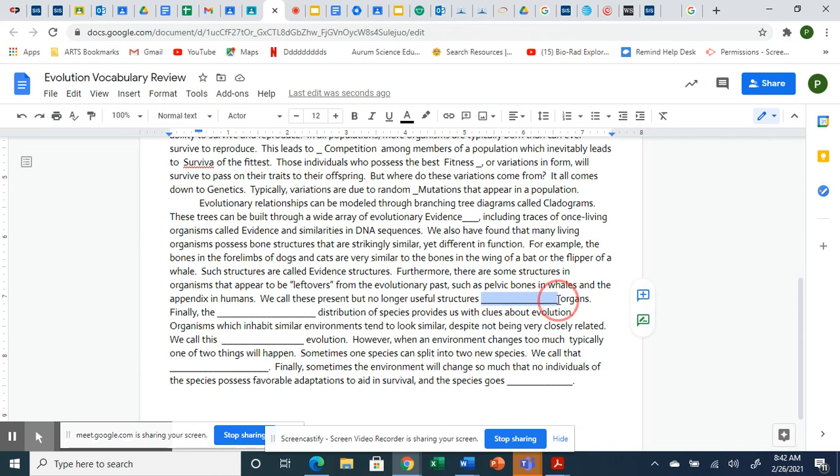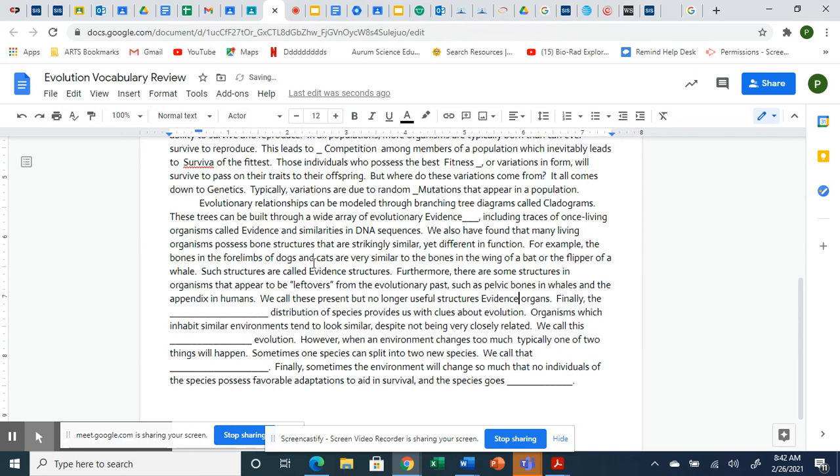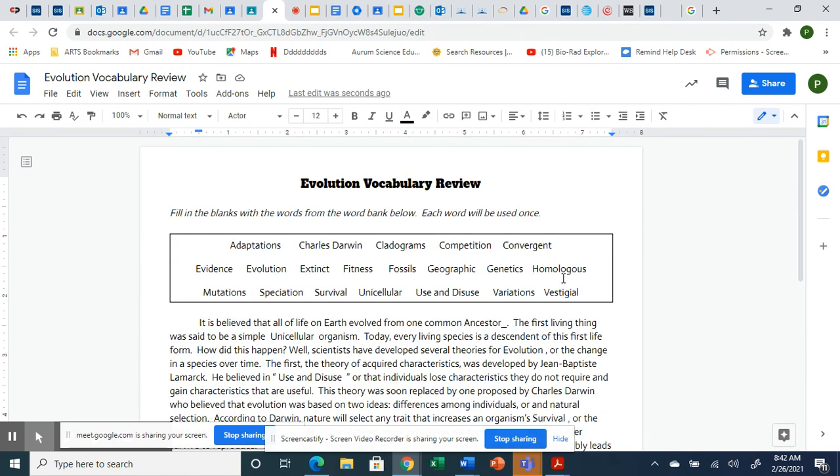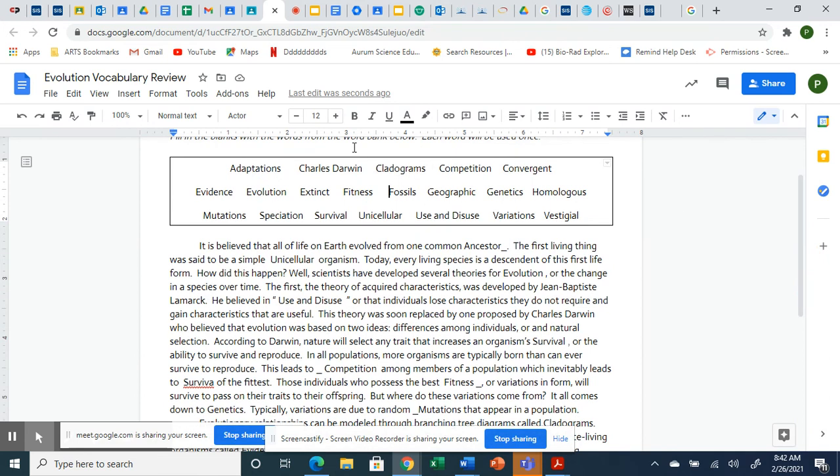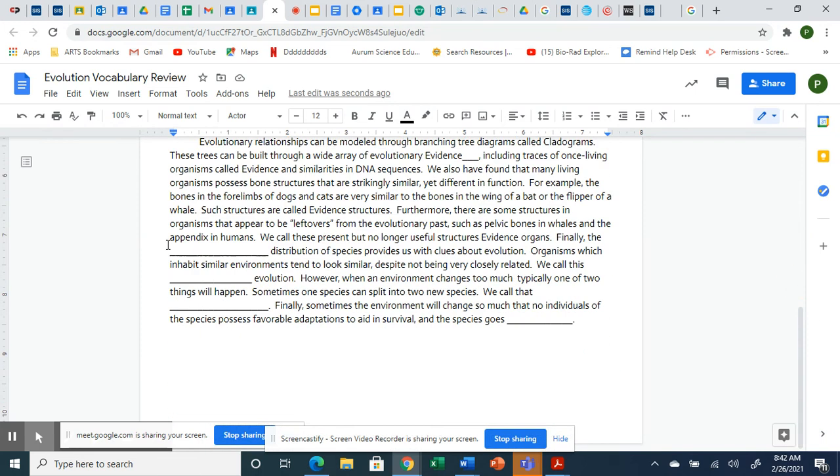Again, vestigial. Finally, the distribution provides us with clues about evolution. The fossils or geographic? All right, let's go with geographic.